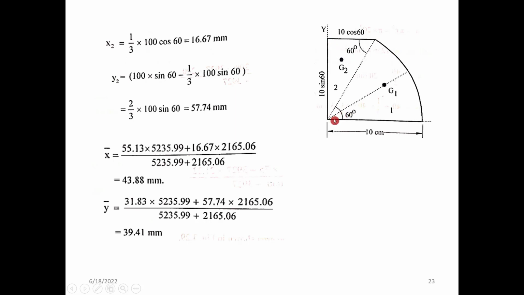For this triangular area, we know that x2 is the horizontal one. The b by 3 and h by 3 are measured from this point where I am putting my cursor now, so directly it is with respect to the left axis. So x2 is actually one third of this base, one third of 10 cos 60 will be the centroid value of x2, and y2 actually has to be found from the base.